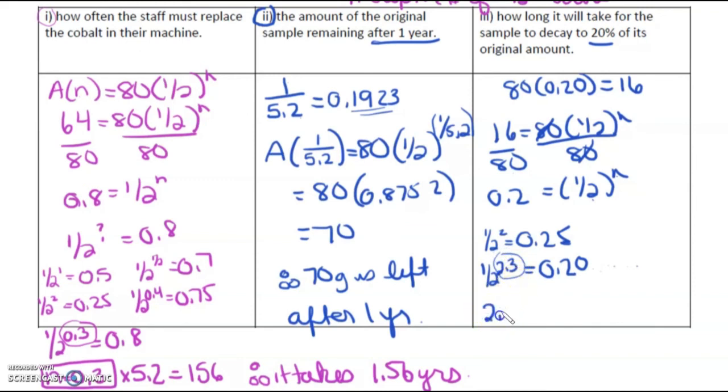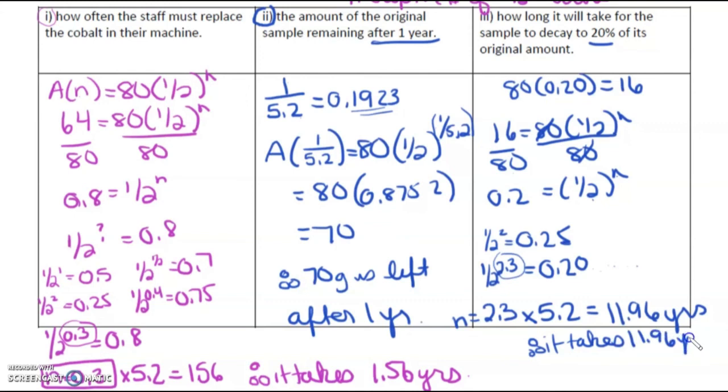So it's going to take 2.3 compounding periods, but a half-life period is 2.5 years. So this is going to take 11.96 years. Therefore it takes 11.96 years to decay to 20% of the original amount.